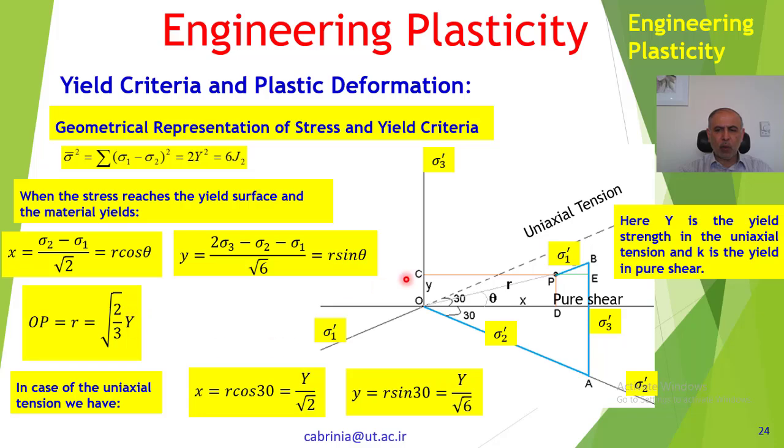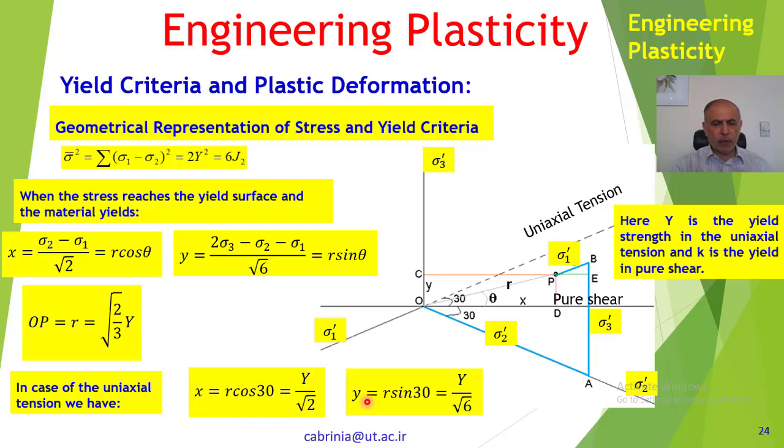Okay, note that this OP should be equal to that for yielding to occur, and for uniaxial tension, theta is 30. So if we substitute this for r and 30 for theta, then we get Y over root 2 for x and Y over root 6 for y. So that's the coordinates of P when it yields. Okay, because this x and y are in general the general coordinates.